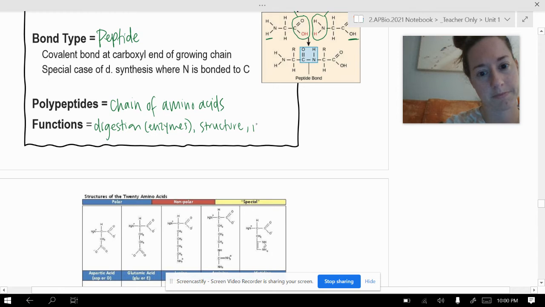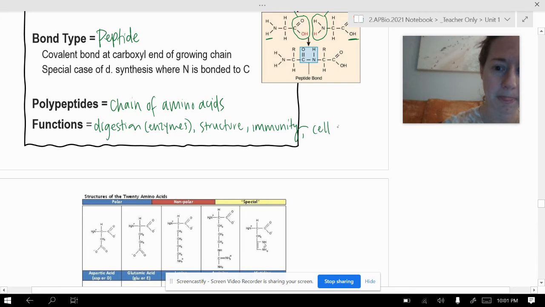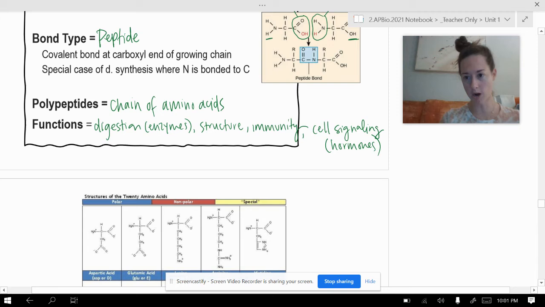Immunity, those are things like your antibodies, they're proteins. Cell signaling, those are going to be things like hormones. So insulin, like I was talking about before with carbs, insulin is a protein hormone. There are more. I'm just going to leave it at that for this moment, but there are more.